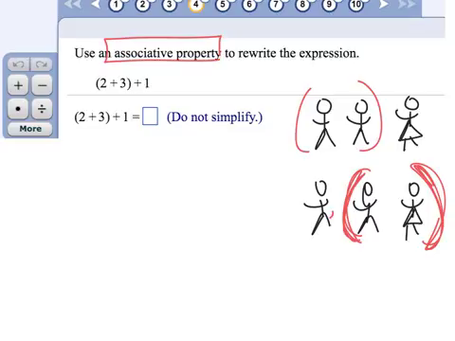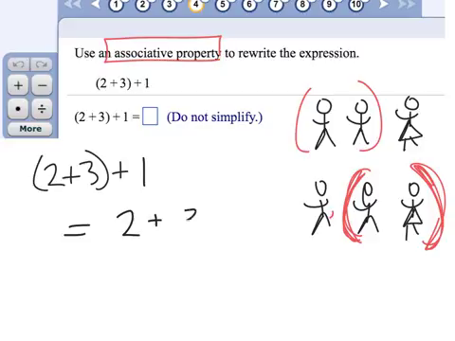So when you have 2 plus 3 in parentheses, the quantity 2 plus 3, plus 1, that can become, we're going to rearrange how those 3 numbers are being grouped.